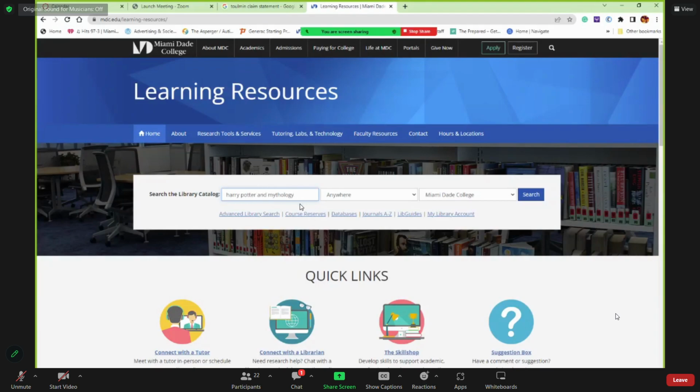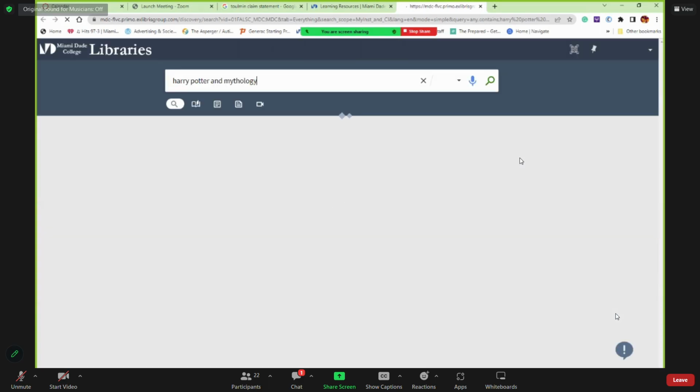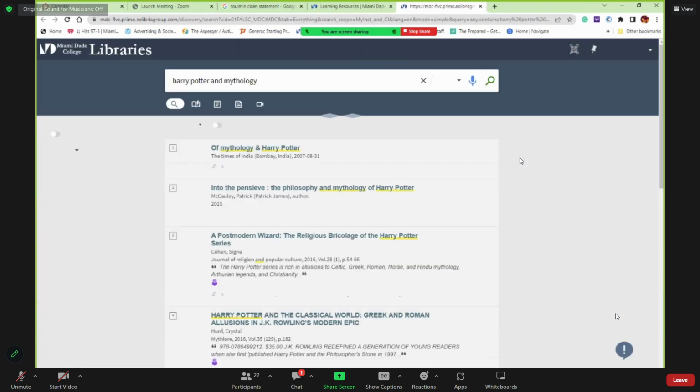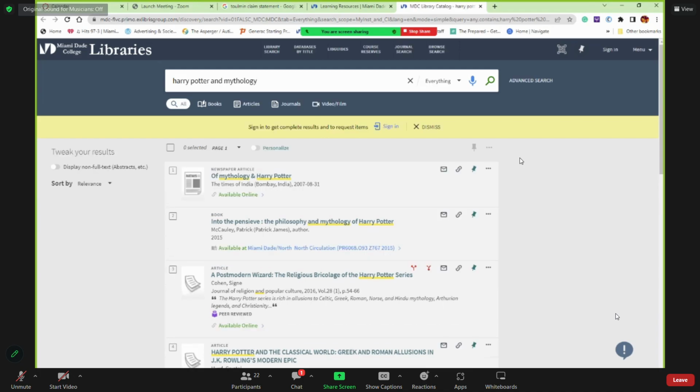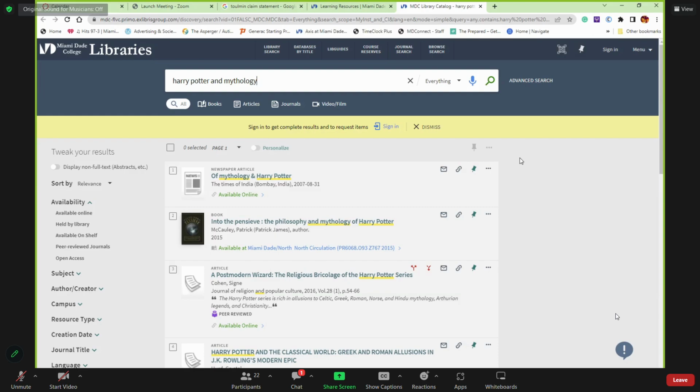That means I want everything on Harry Potter and mythology. Okay, so it's going to find me everything in the library. But it's going to be everything. That means newspaper articles, books, movies, art, journal articles.